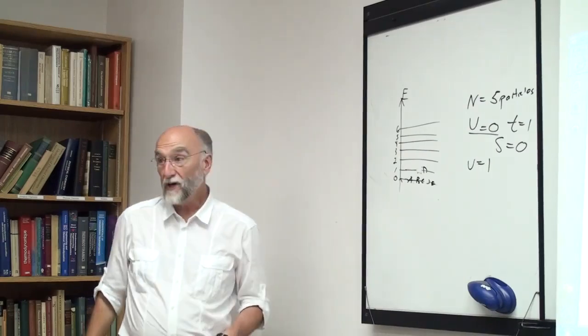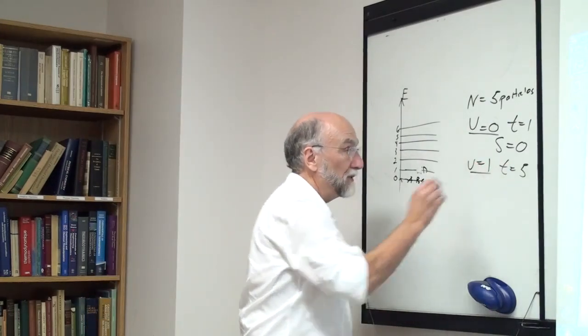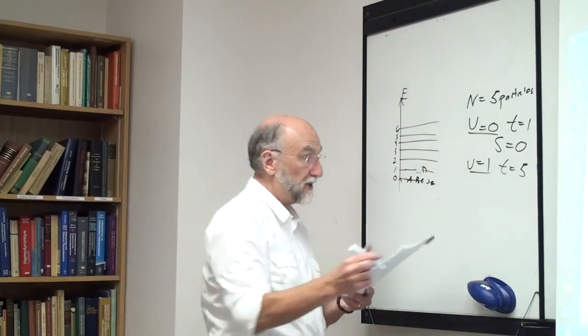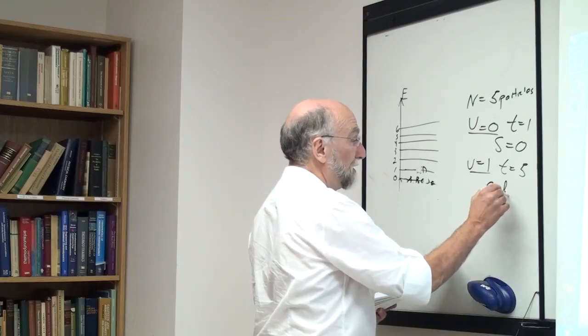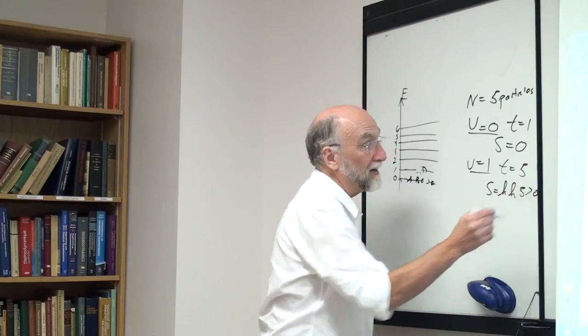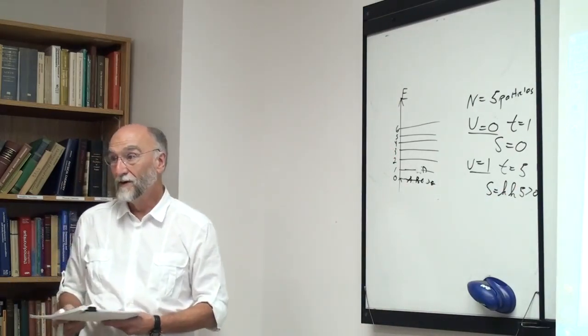And so on, so there are 5 ways. So there are 5 microstates, which give you exactly the same macrostate. Now in this case, the multiplicity is 5, and the entropy is k log 5. So the entropy is positive. You can never have a negative entropy. When the system is perfectly ordered, you have an entropy of 0.